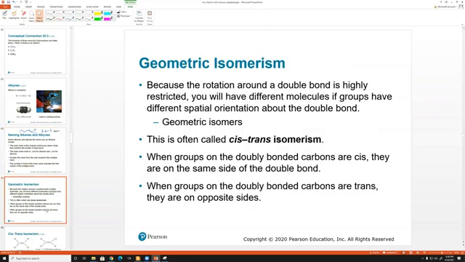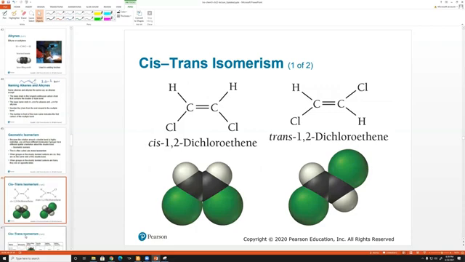Okay. Moving on. Isomerism. Cis and trans isomers can happen across a double bond. This means you can have 2 separate molecules that can do completely different things based on their cis-trans isomerism. Here's an example of trans-1,2-dichloroethene and cis-1,2-dichloroethene.